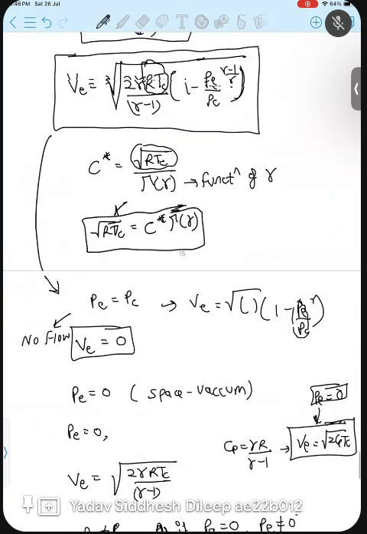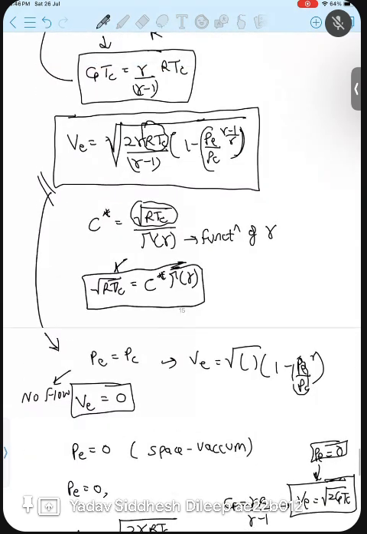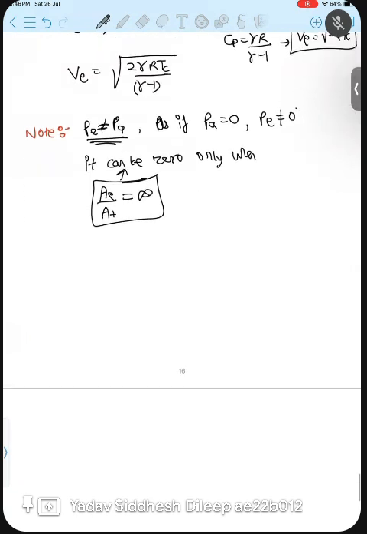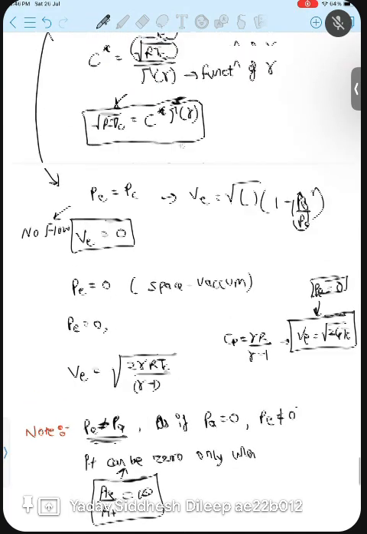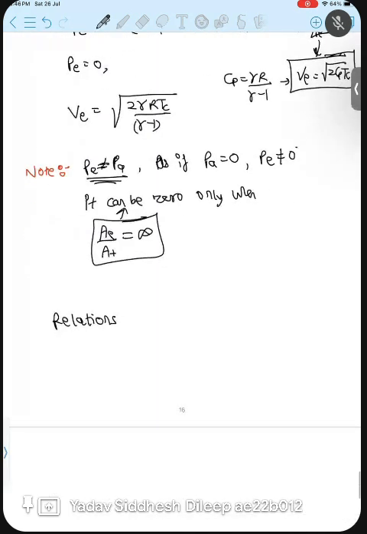So we arrived till this equation over here, but now we need to replace this term. Let's see what we can do. We have some relations connecting P by PC to A by AT.